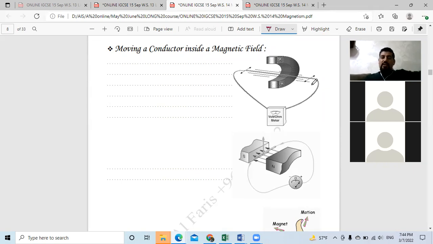A magnet. For example, this wire, as you can see with the arrows, I move it between these two magnetic poles, and we have millions of unseen magnetic field lines going from north to south. As the wire moves between these poles, it cuts the magnetic field lines. In the mark scheme, they say change the magnetic flux.